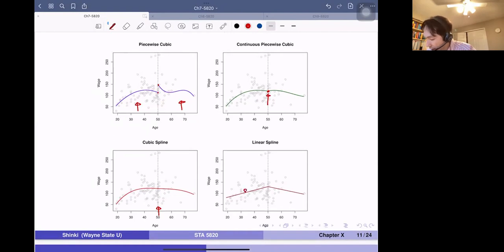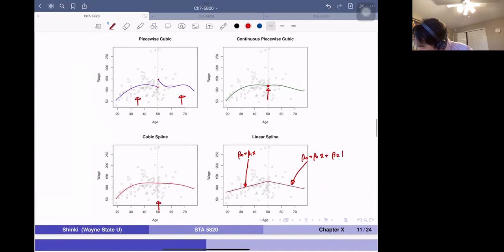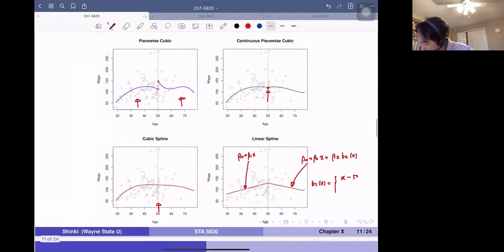We assume that this is beta naught plus beta 1 x, and this one is beta naught plus beta 1 x plus beta 2 times B2(x), where B2(x) is equal to x minus 50 if x is larger than 50, and 0 if x is less than or equal to 50.